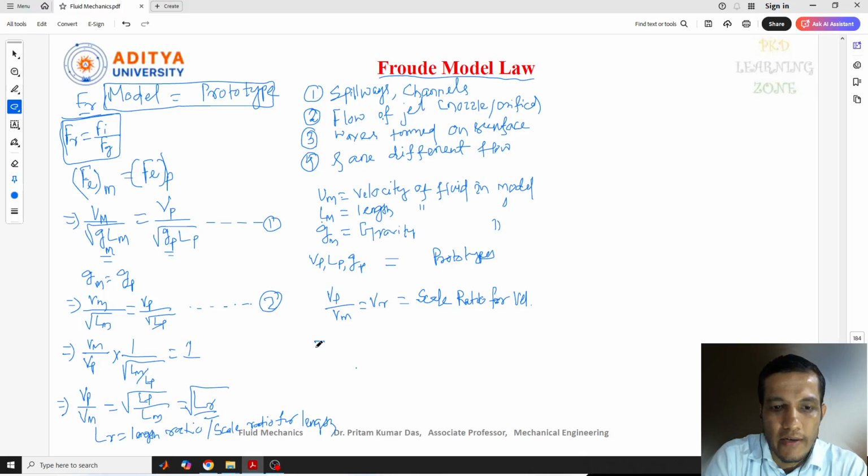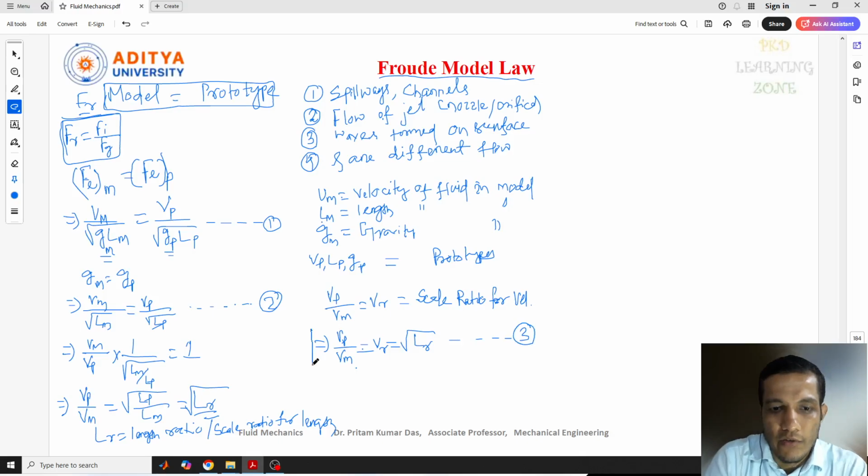And finally, what we can write in this equation: Vp by Vm equal to Vr, and this equal to root over of Lr. So this is our final equation.